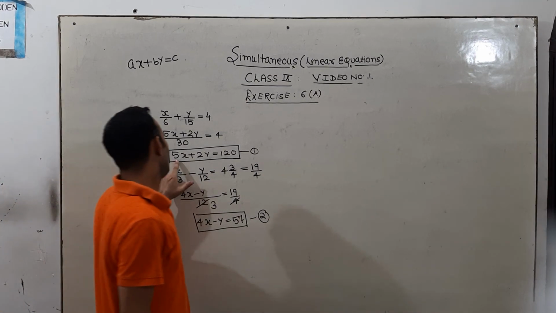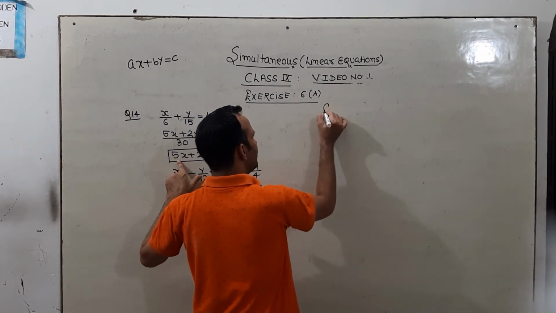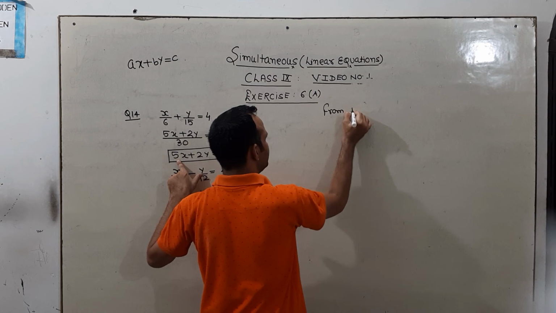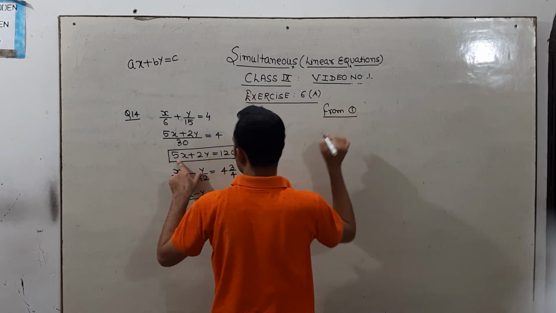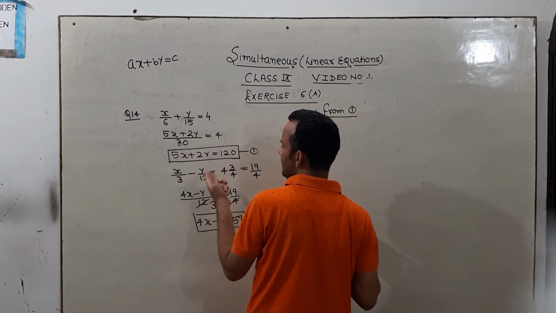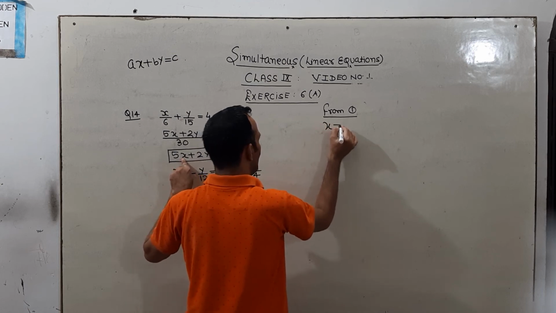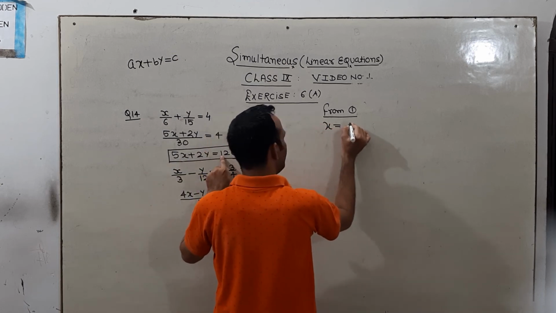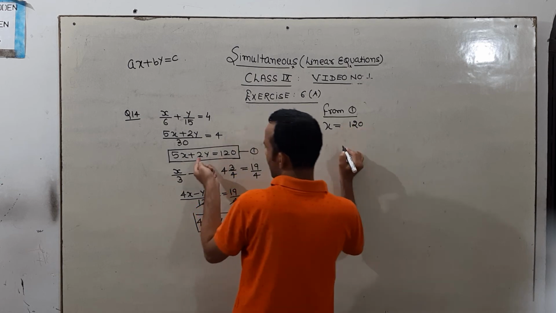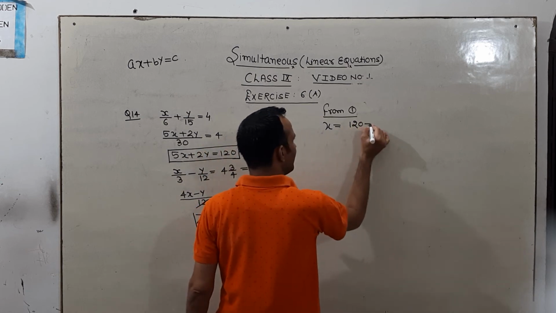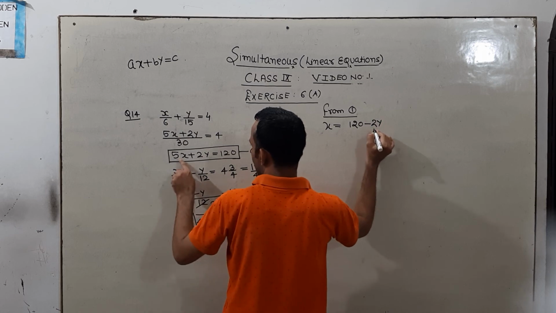Now see, from first, once again, from first, we find out the value of any variable, either x or y. Okay, x is equal to what? 120 minus 2y upon 5.